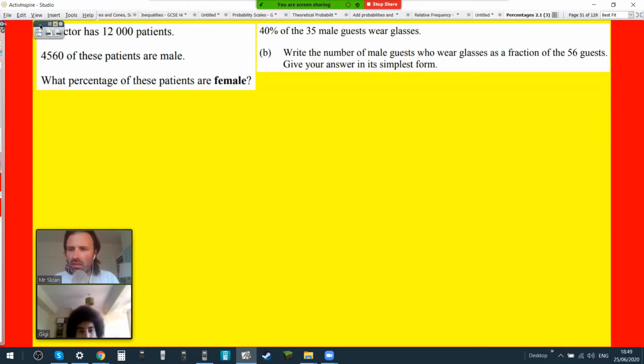Let's see. So these are calculator. Let's try the one on the left.